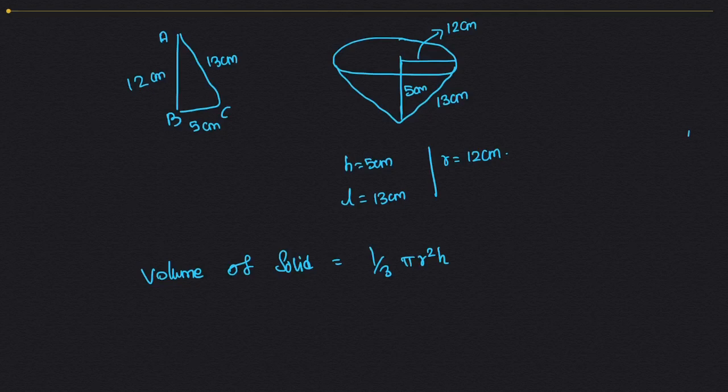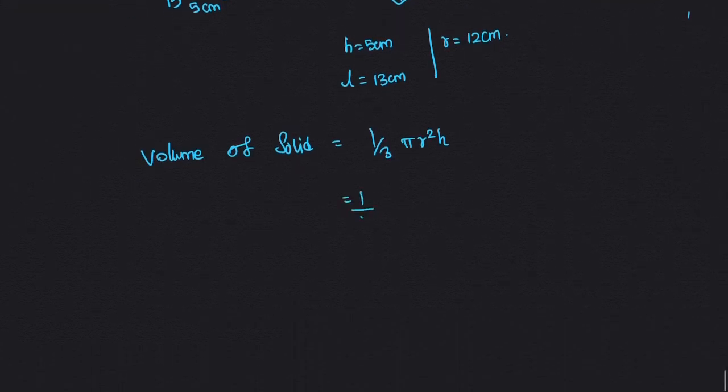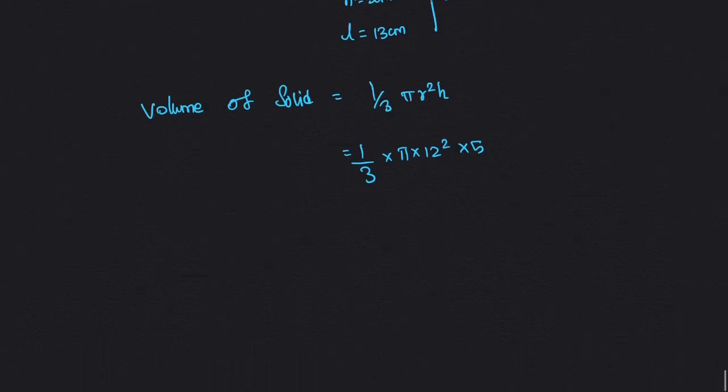So 1 by 3 pi, r value is 12 centimeter. So 12 square, then h is equal to 5. After simplifying, we are getting 240 pi centimeter cube. So this is the volume of question number 8.